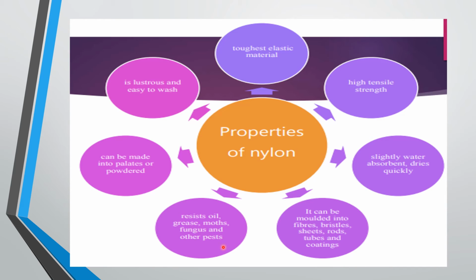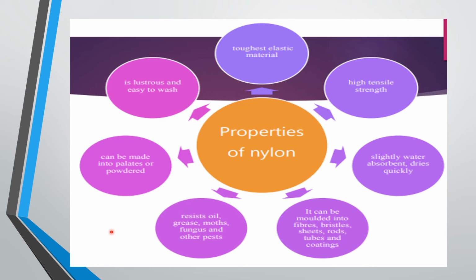Since nylon does not absorb a large amount of water, it will not have moisture content at all, and hence it is free from fungal, moth and other pest attacks. As well as, since it is very smooth, even oil and grease stains can be easily cleaned away from nylon fabric, and it can be made into plates or powders.